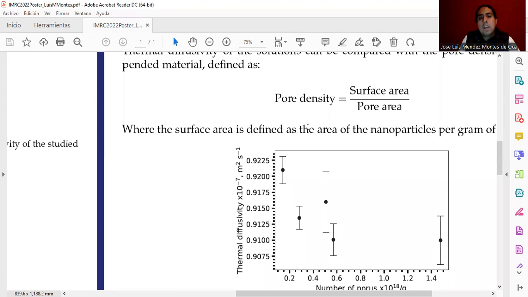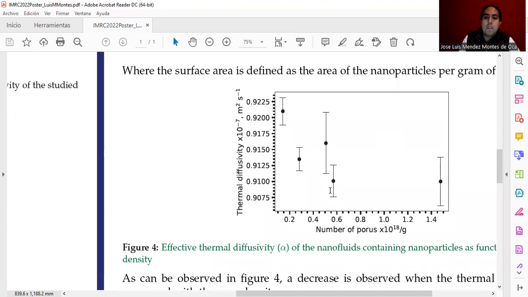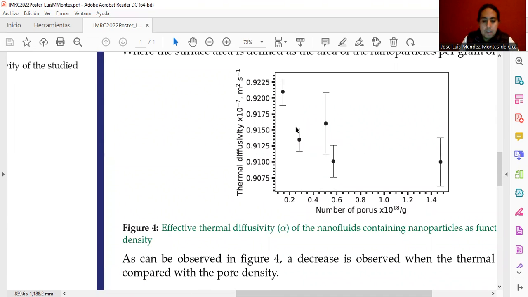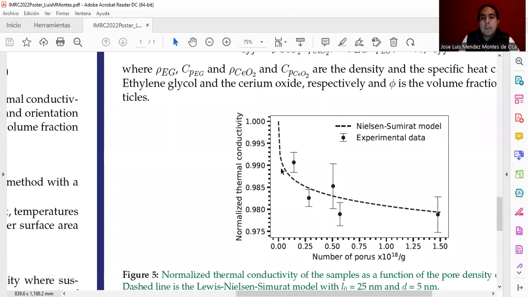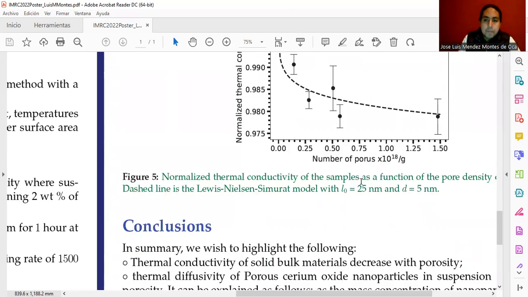But if we define this density of number of pores per gram, we see the expected behavior for porosity, and it can be explained in terms of effective mathematical models.